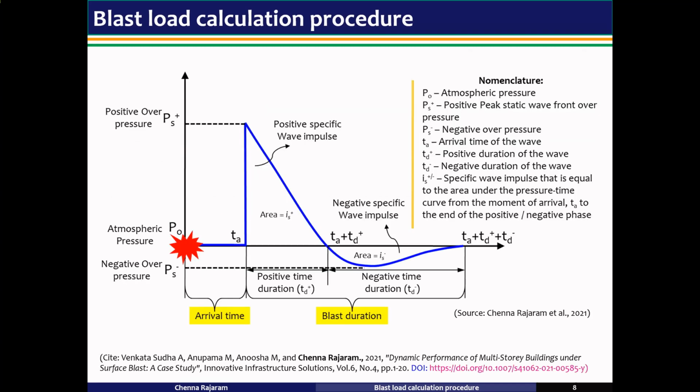Here, a graph is drawn between duration and pressure. This is how the blast pressure looks. Initially, the blast takes place at time t equal to 0. When the wave reaches the structure, or the wall of the structure, it takes some time.